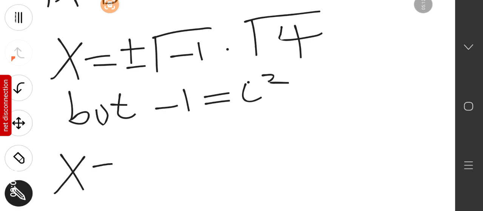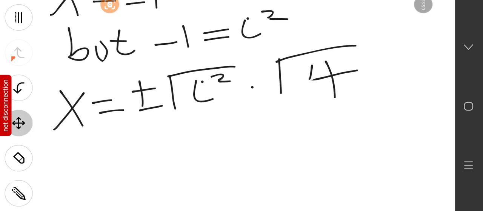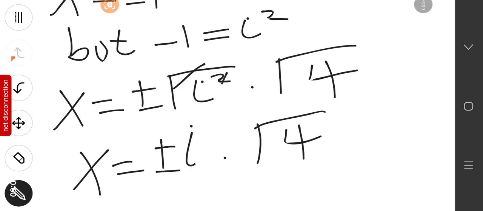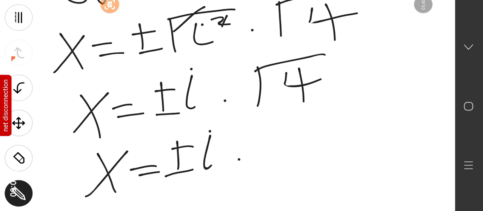Now, x equals plus or minus the square root of i squared times the square root of 4. So you're going to have the square canceling the square root, so x equals plus or minus i times the square root of 4, which is 2.